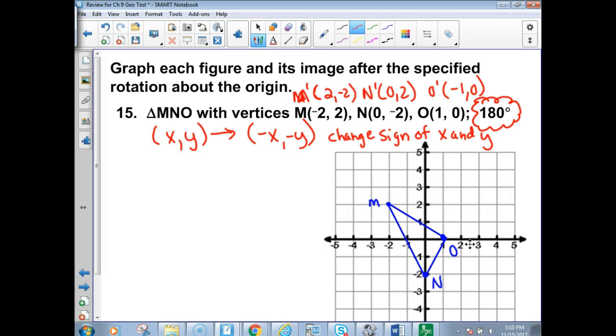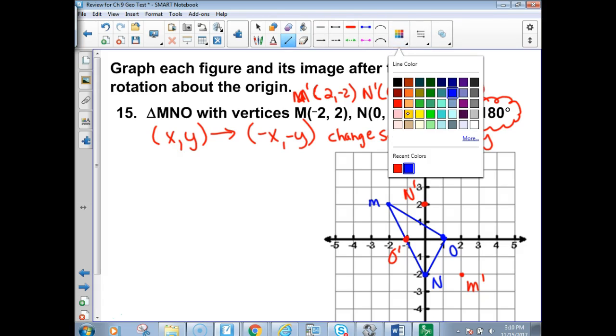Can't change the sign of 0. So 2, -2, our new point, M prime. 0, 2 will be up here, N prime. And -1, 0, O prime. And then draw out the triangle.